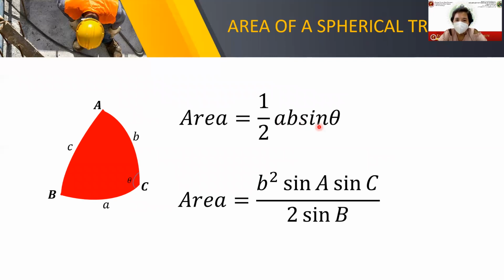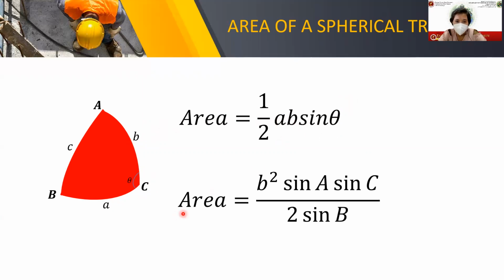For the latitude, we have here the sine of theta, where theta is equivalent to the opposite interior angle. If this is theta, then the adjacent angles A and B should be substituted in this constant here.